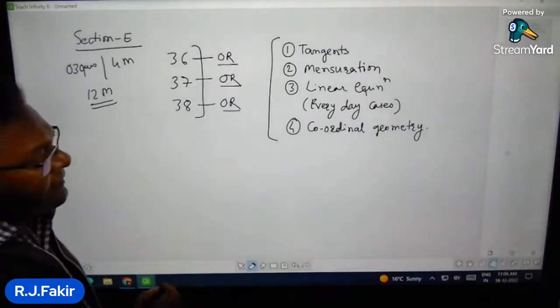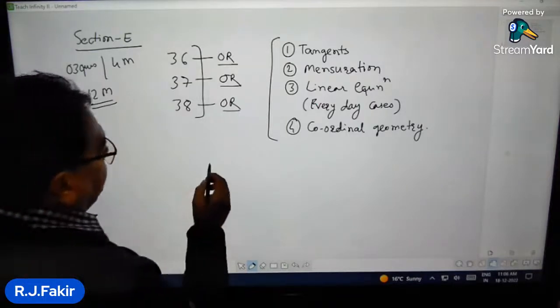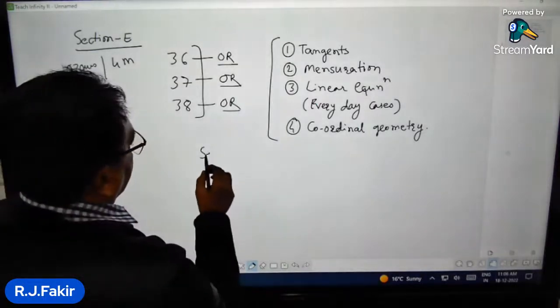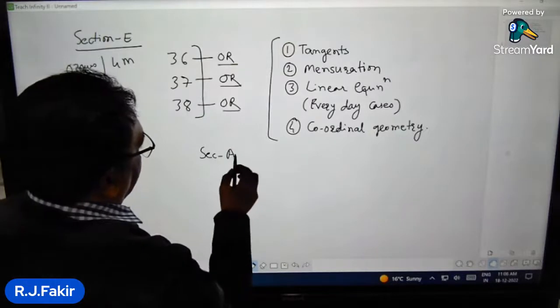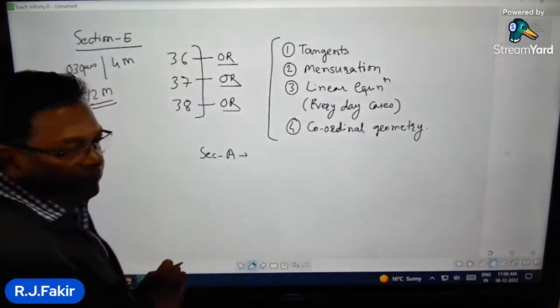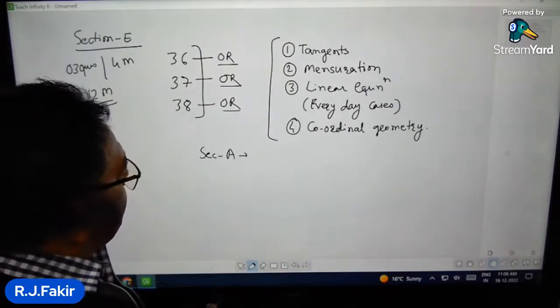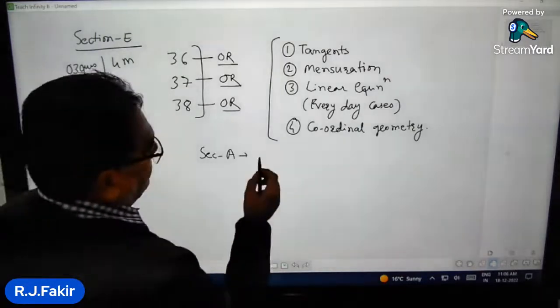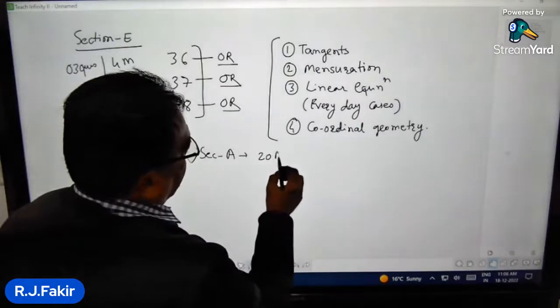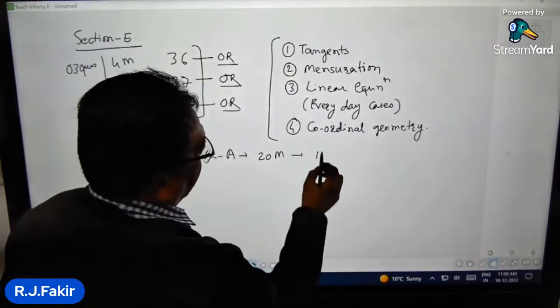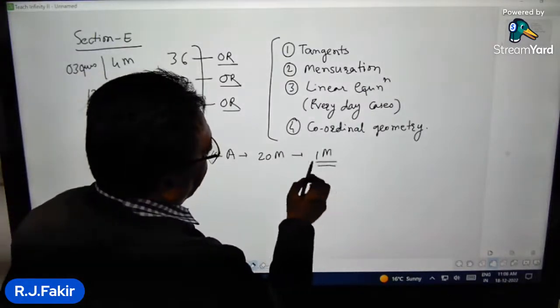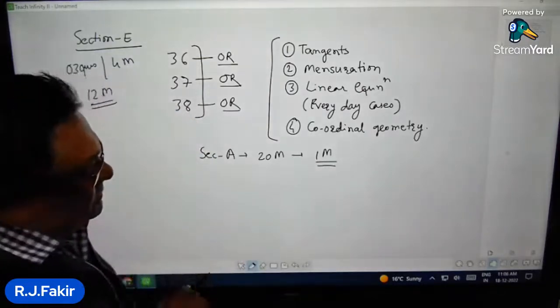Now, what exactly I feel, the section A is the most time consuming section of this paper, and this has only 20 mark weightage. Okay, and one question is 1 mark only. So just be careful.